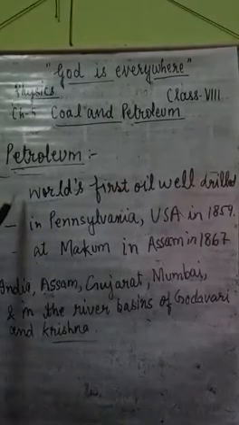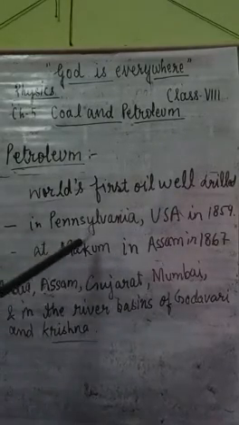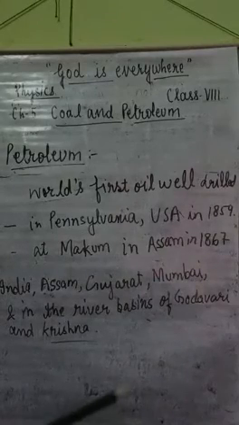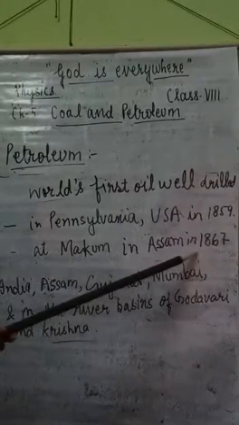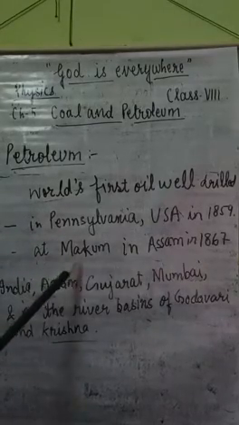The world's first oil well was drilled in Pennsylvania, USA, in 1859, and in 1867, eight years later, one was drilled at Makum in Assam.